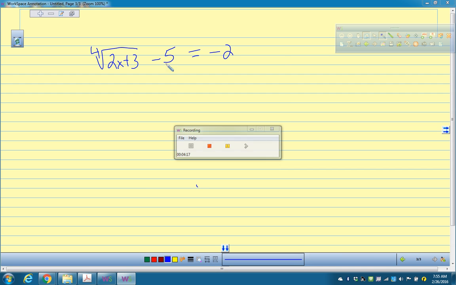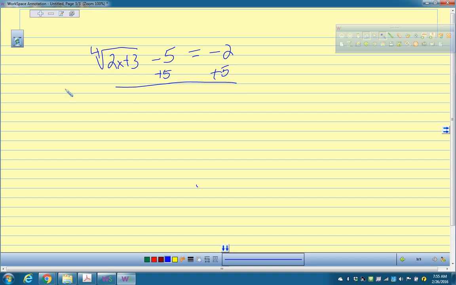So on this one, I'm going to add 5 to both sides, and then I'm going to have the 4th root of 2x plus 3 equals 3. Then I need to raise this to the 4th power to get rid of that. And so that gives me 2x plus 3 equals 3 times 3 times 3 times 3, which equals 81.